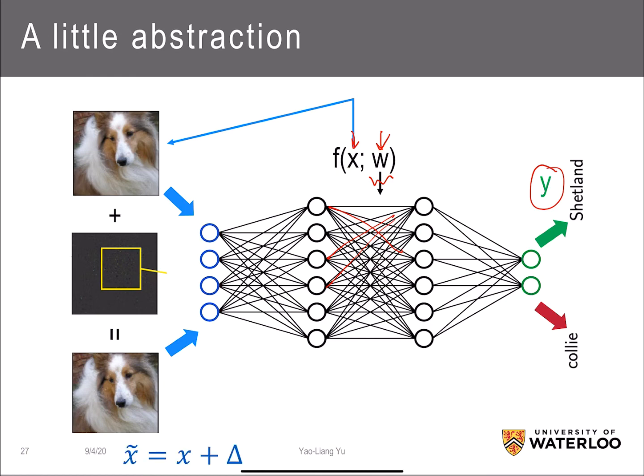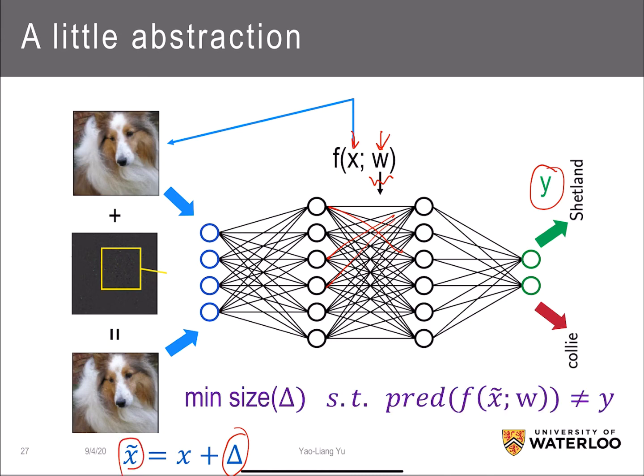Our job is to perturb the input image x by adding a perturbation delta. So I'm going to get x tilde as the perturbed input image. And what I want to do in adversarial examples is to find this perturbation, as small as possible, because I don't want to change the input image much.